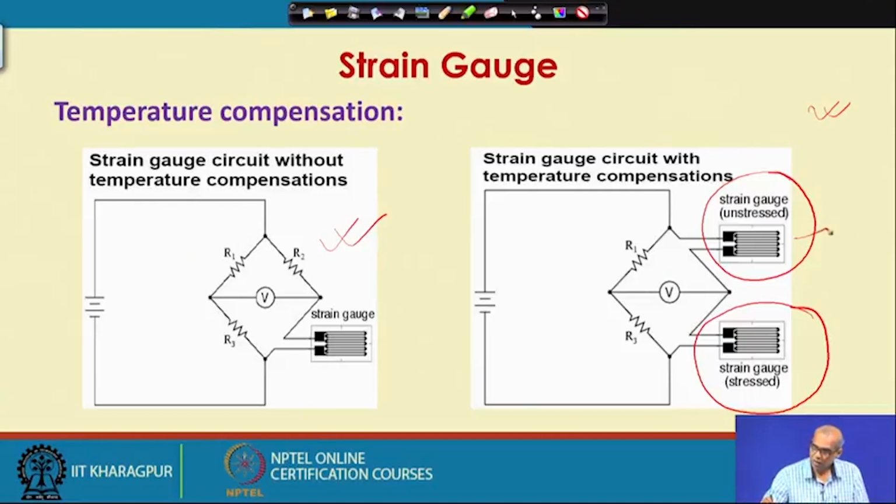Now, both the strain gauges are subjected to the same temperature change. So, the change in resistance in the strain gauge wires due to change in temperature will be the same, but this strain gauge resistance also changes due to strain.